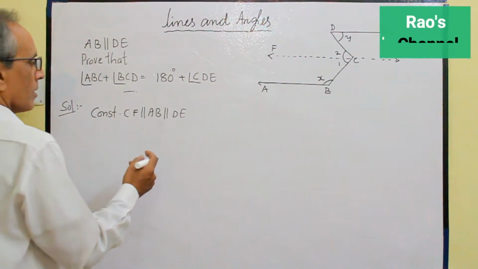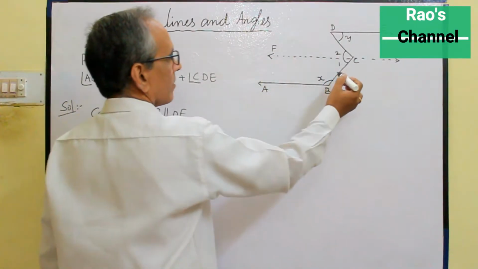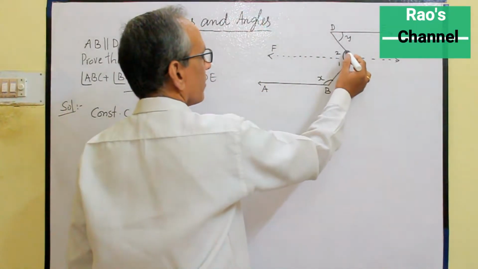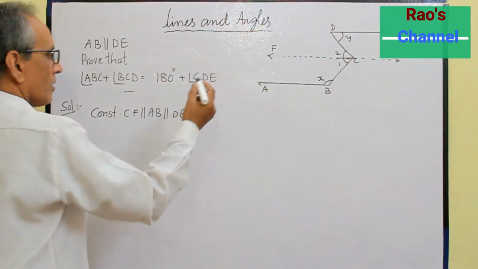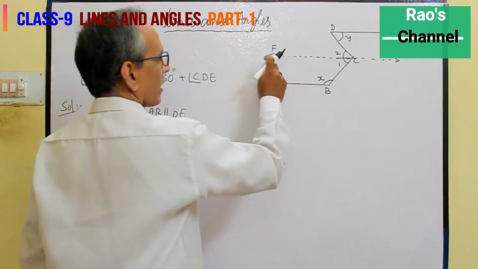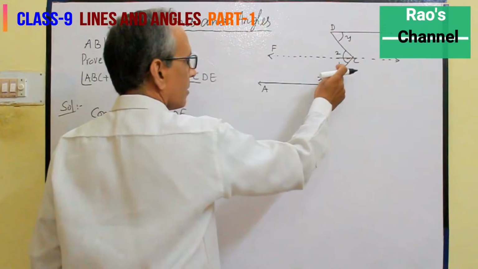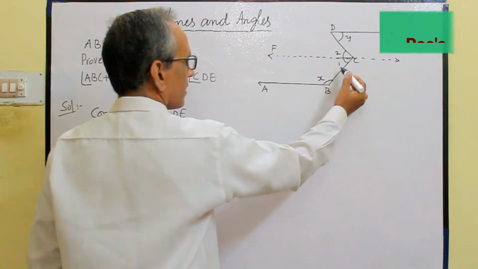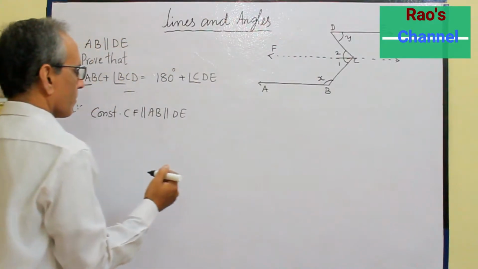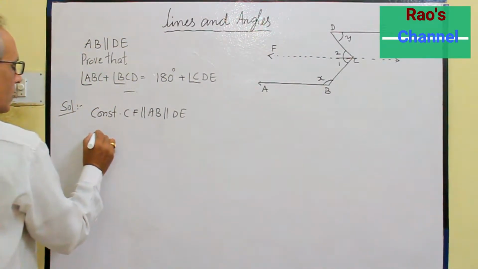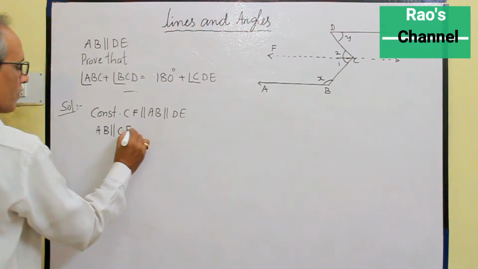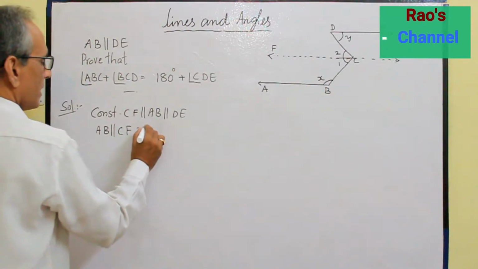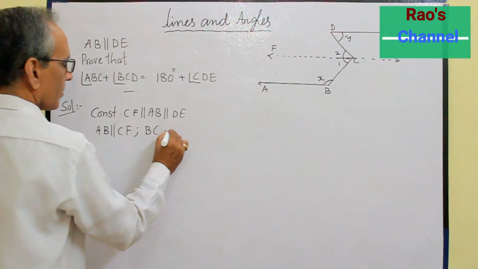Now, when I draw this line, this angle BCD is divided into two angles, that is 1 and 2. Now from the figure, if I consider AB parallel to CF and BC as the transversal, X and 1 together are 180.